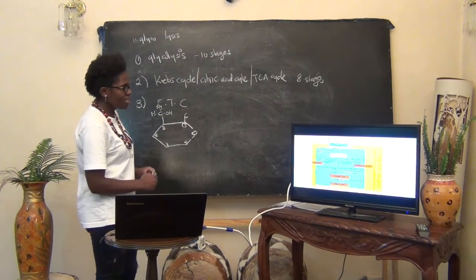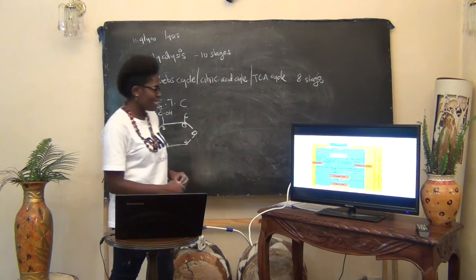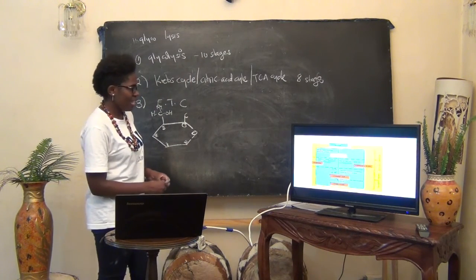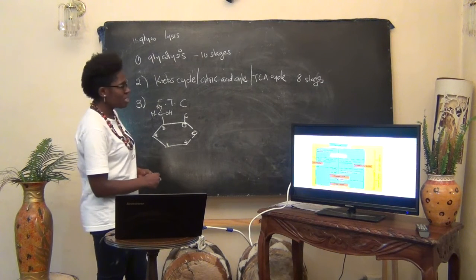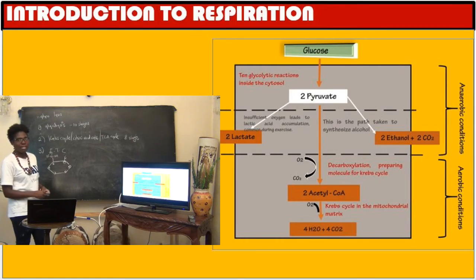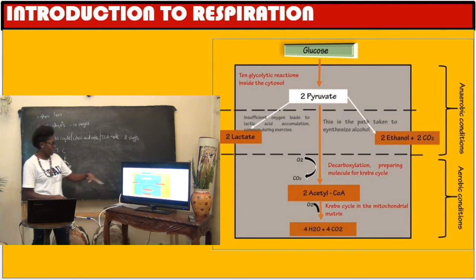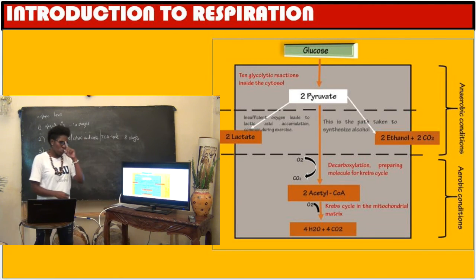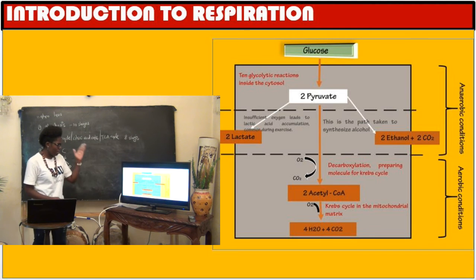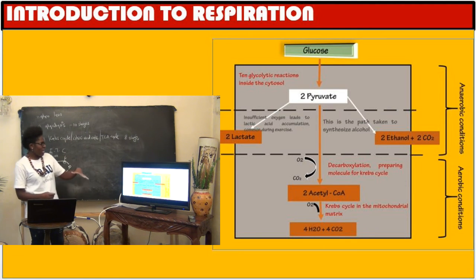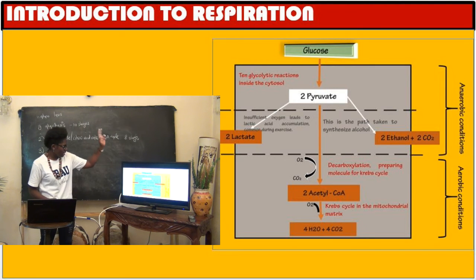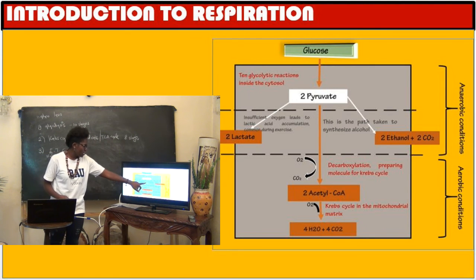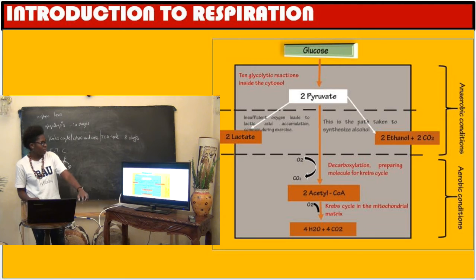And finally, we have an animated diagram which summarizes the whole process of respiration. As you see, the product of glycolysis is what is known as pyruvate, which are two molecules of pyruvate. In aerobic respiration, it will enter into the cycle known as the Krebs cycle.